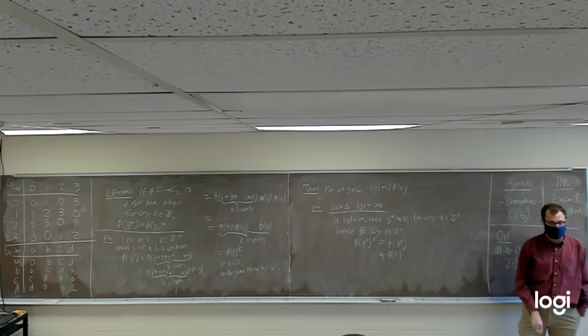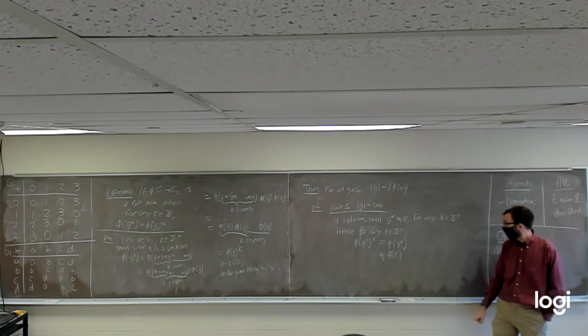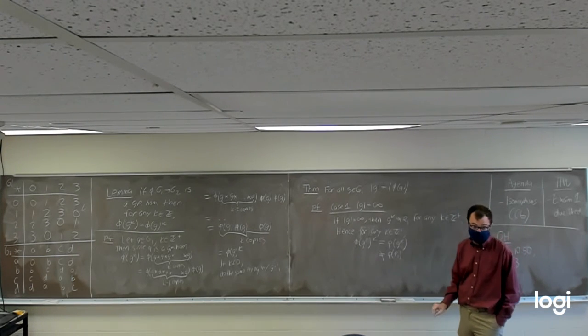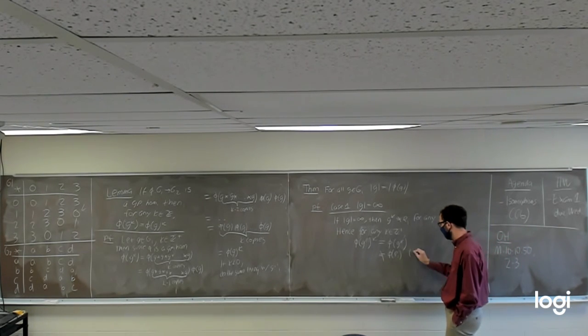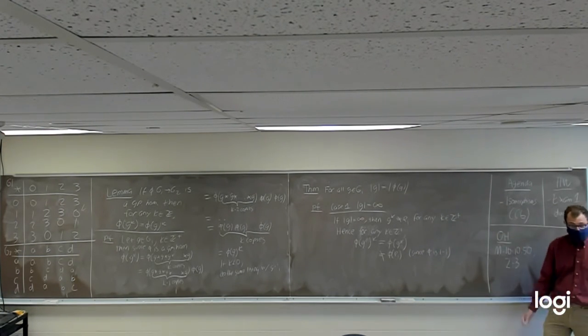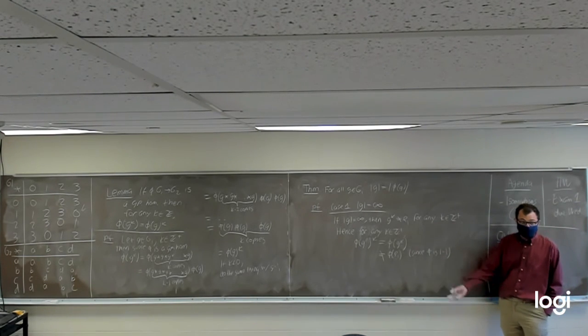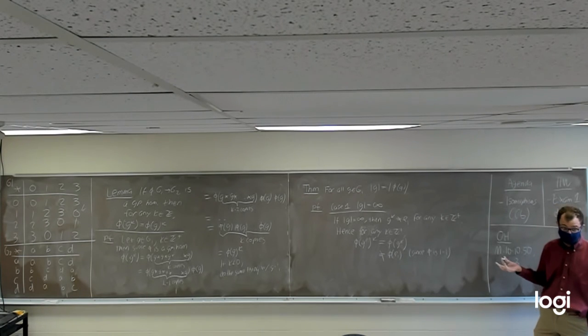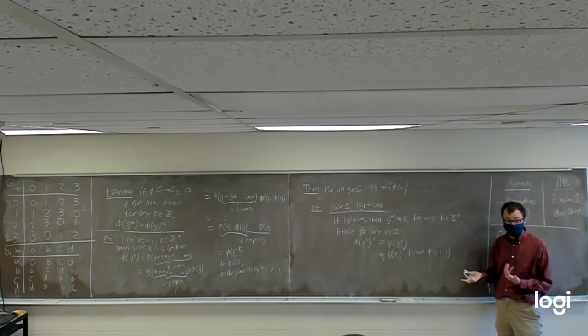Should have E1 since we're talking about two different groups here. So basically, we know phi of G to the K is never going to be equal to phi of E1 because G to the K isn't equal to E1, and phi is 1 to 1. Since G to the K is not equal to E1, phi of G to the K can't equal phi of E1, since phi, we're assuming, is 1 to 1 as part of being an isomorphism.